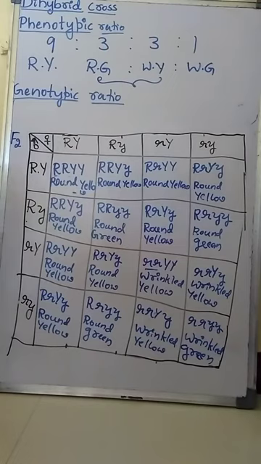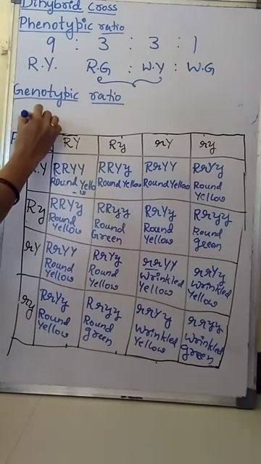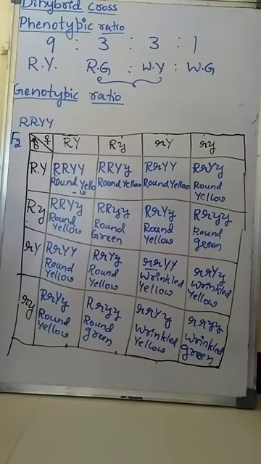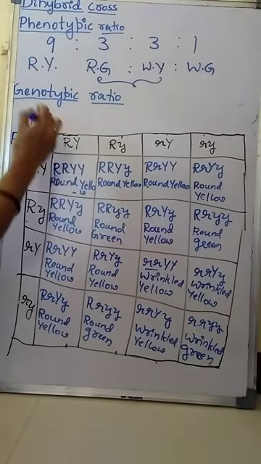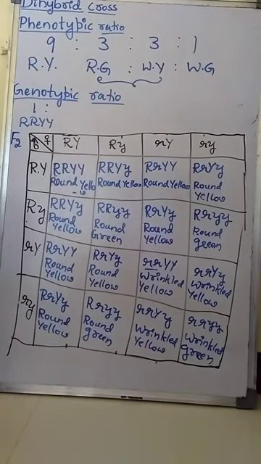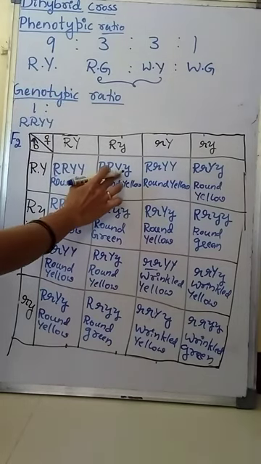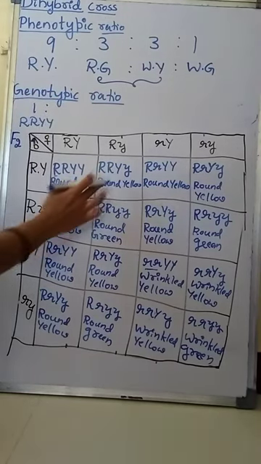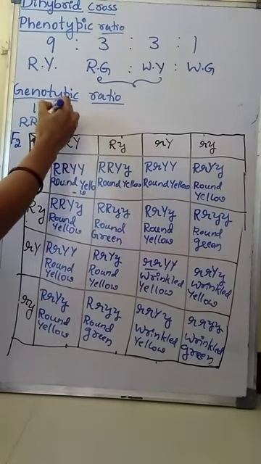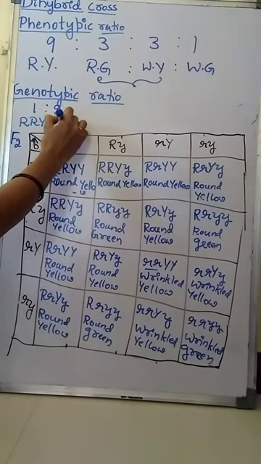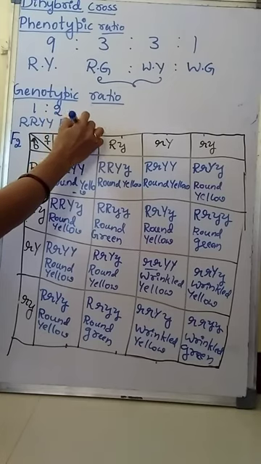How many are there? Only one. So 1:2. Then capital R, capital R, capital Y, small y: only 2 are there.